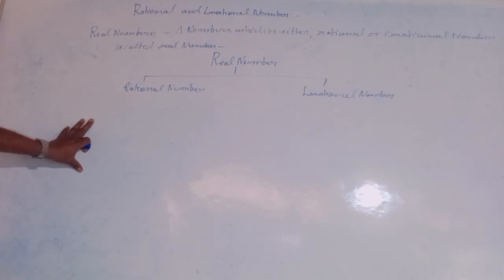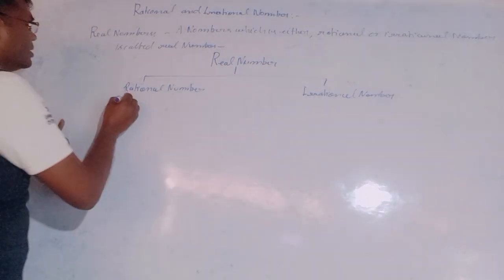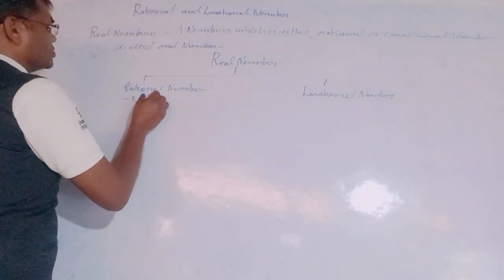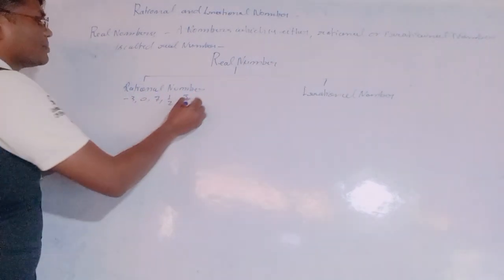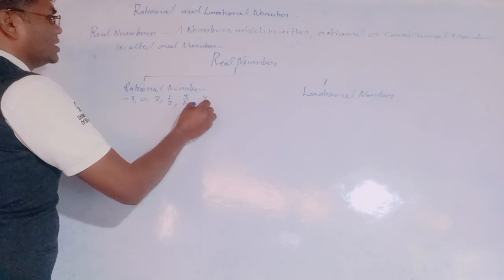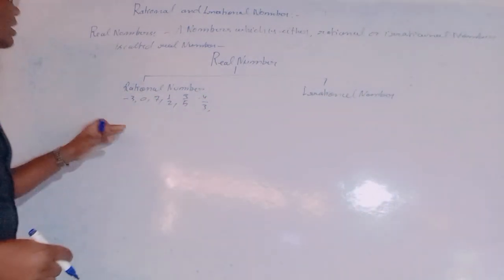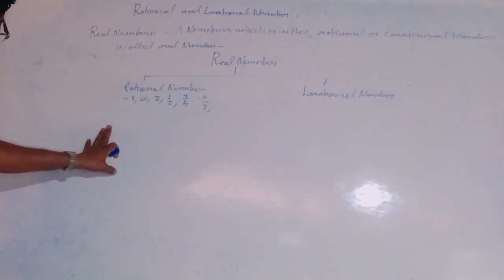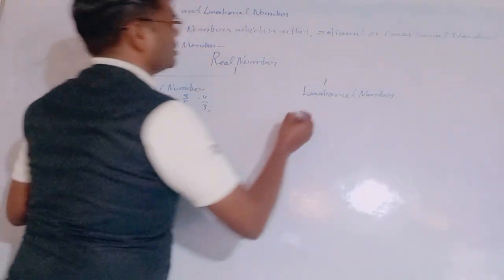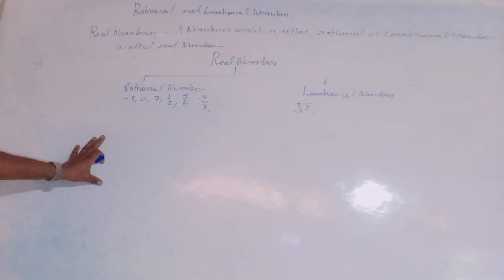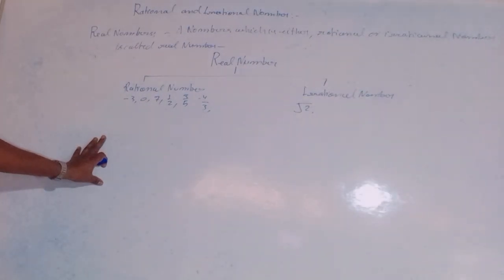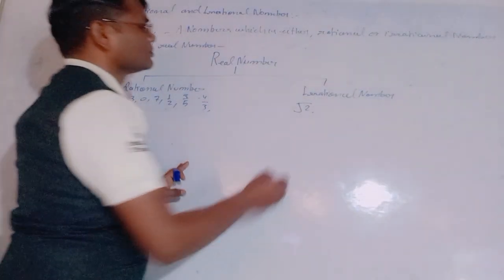For rational numbers, if we take examples: 307, minus 307, 1 by 2, 3 by 5, minus 4 by 3, these are rational numbers. Got it? Now we will discuss irrational numbers. Under root 2 is said to be an irrational number, because it cannot be written as a ratio.